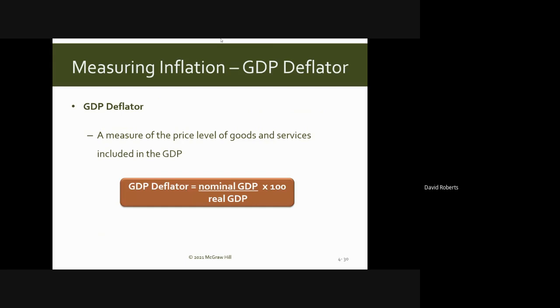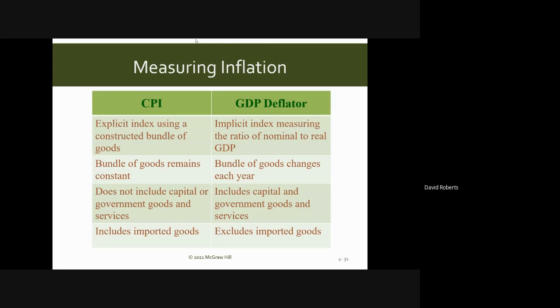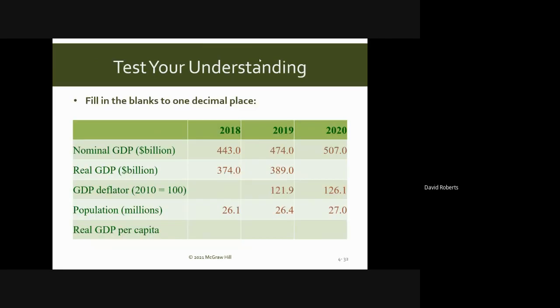So you have the real GDP, you have to adjust using the deflator. And again, looking at CPI and the GDP, you're trying to find the real GDP by extracting or eliminating the inflation factor.